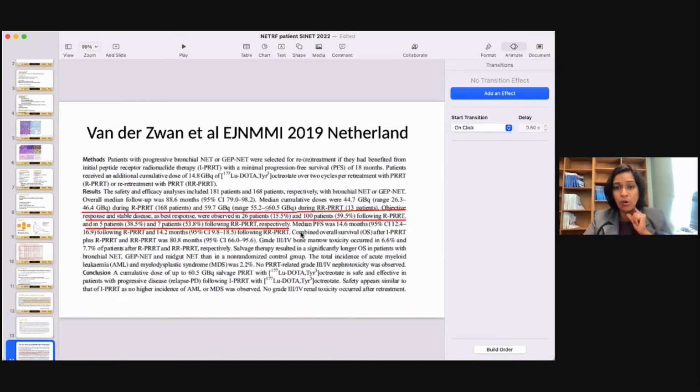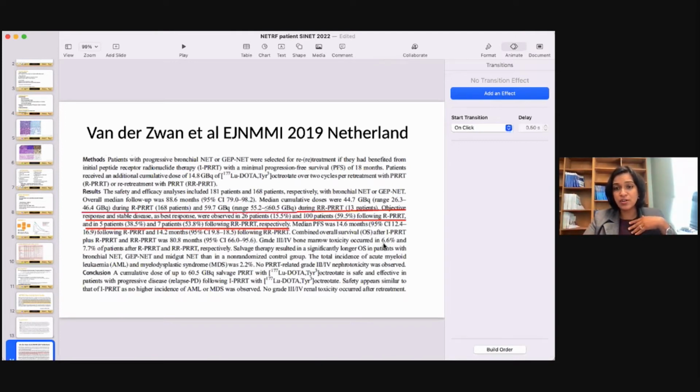And the same thing with this large study, where almost 168 patients got PRRT after the first round, and 13 got repeat PRRT. And as you go along, the interval of success before you need something else gets shorter.